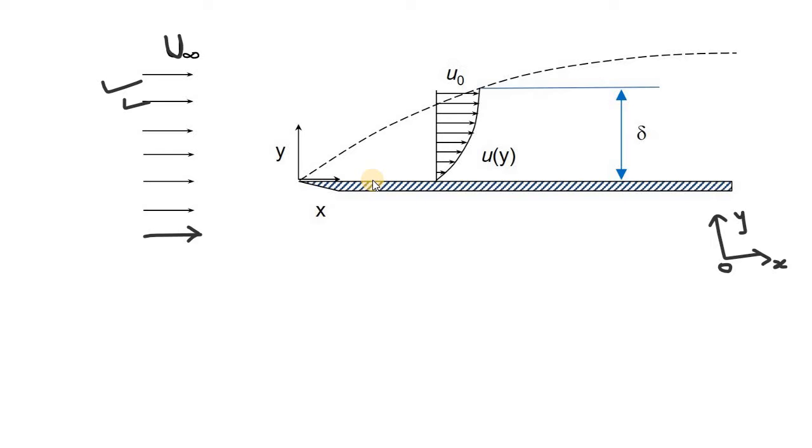That is what we call the no slip condition. So the velocity of the fluid at this point will be effectively zero, relatively zero.